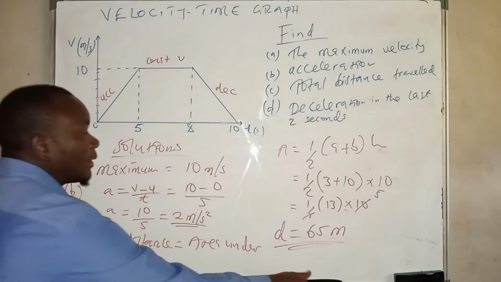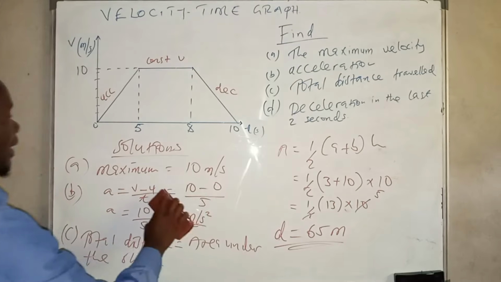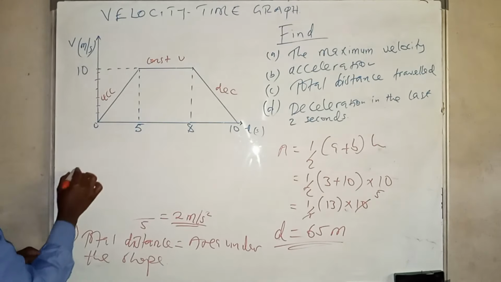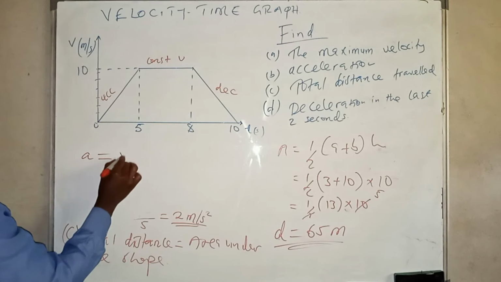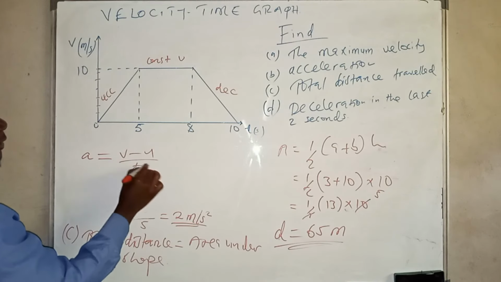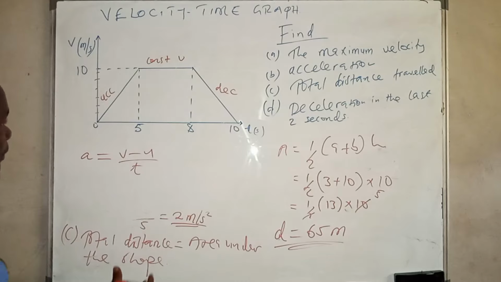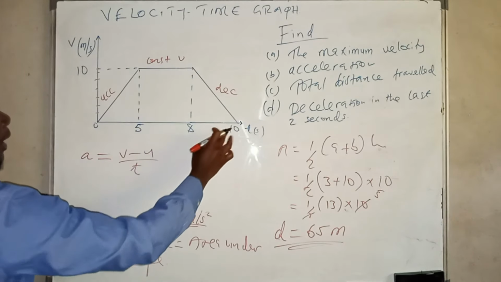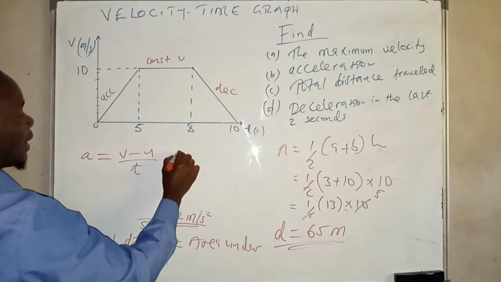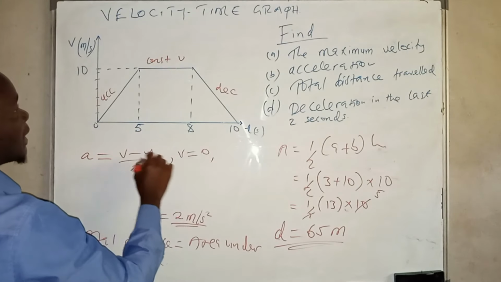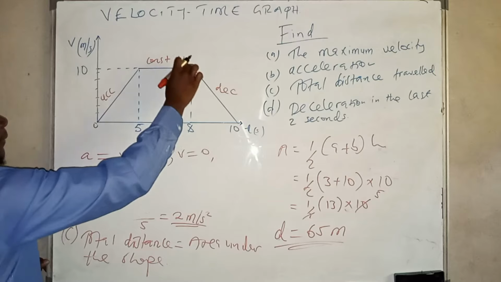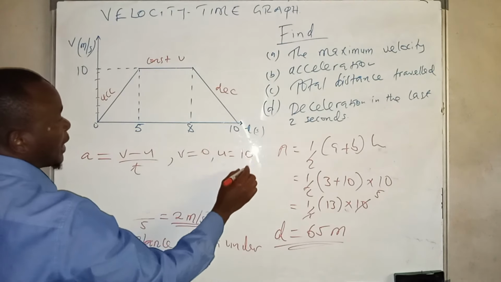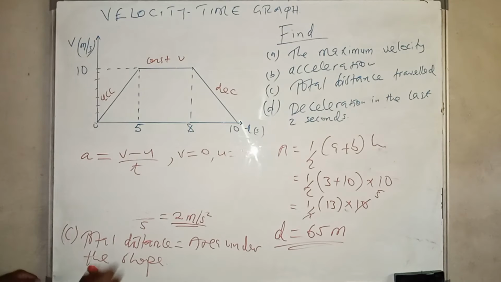So from here, we can sum it up now to find the deceleration in the last 2 seconds. To find the deceleration, we use the same concept as acceleration, v minus u over t, the change in velocity over time. When an object comes to rest, the final velocity v will be equal to 0. The initial velocity is the velocity coming from here, which is 10, so u will be equal to 10 meters per second.